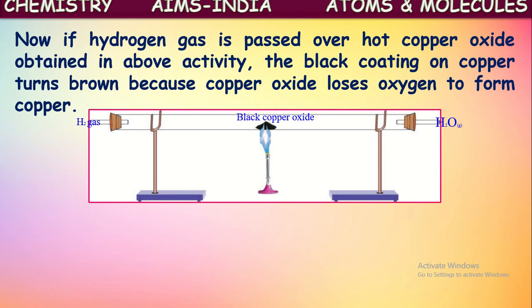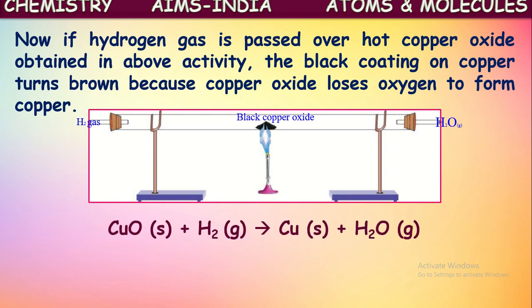That means copper oxide loses oxygen and forms copper. This is the equation occurring here: copper oxide reacts with hydrogen at high temperature, converting into copper, and water vapor is evolved.